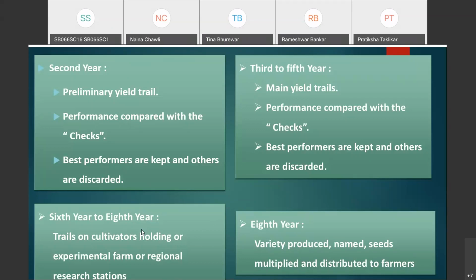Then the plant breeder evaluates the one or two strains which gave better performance than that of the existing variety, and later on in the 8th year he releases the new variety, gives the new name, their seeds are multiplied in the 8th year, and these are then distributed to the farmers. And that is how the new improved variety is released by using the mass selection method.